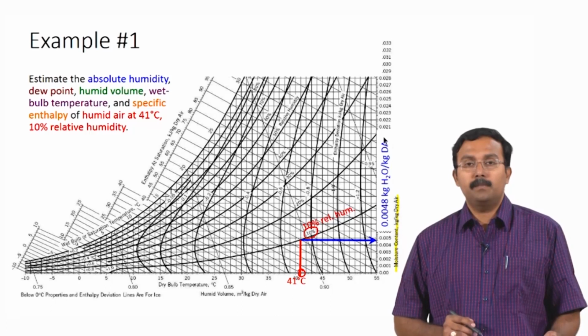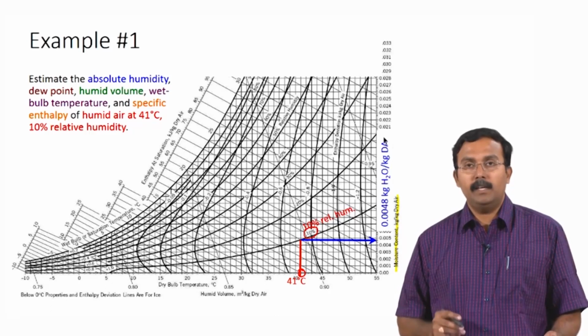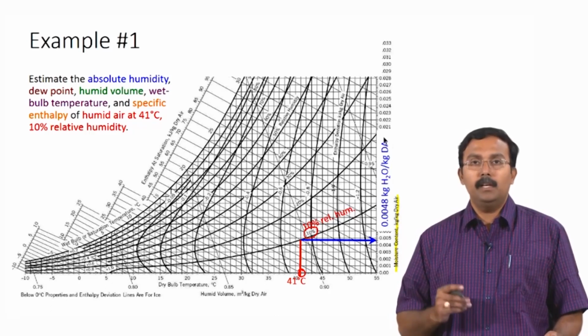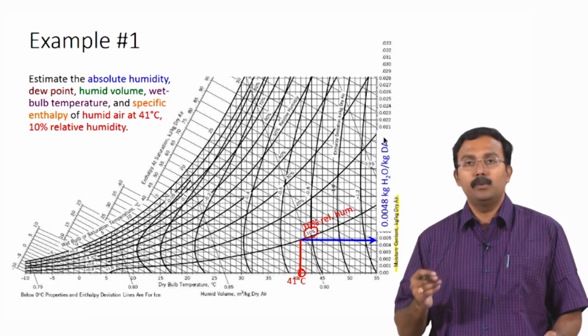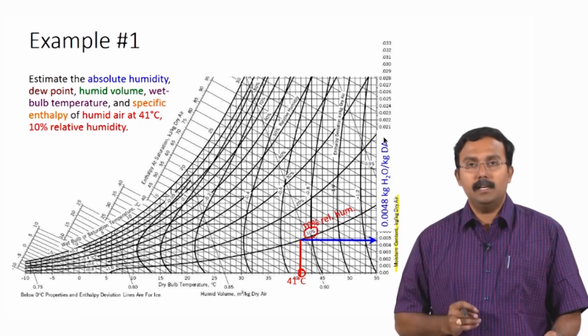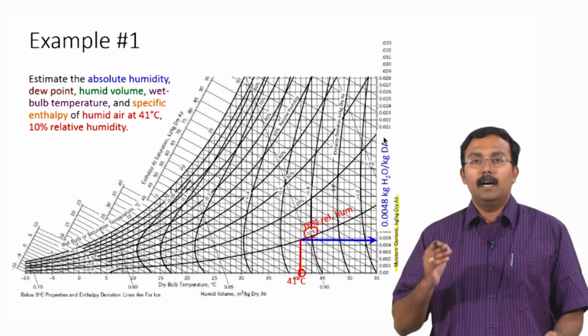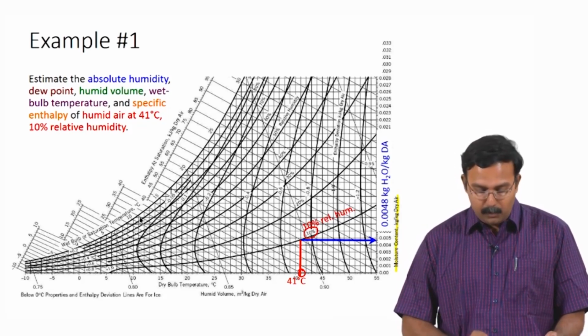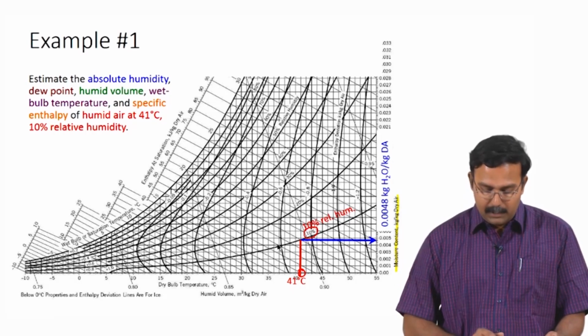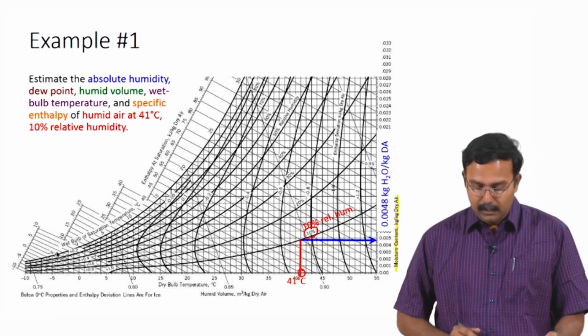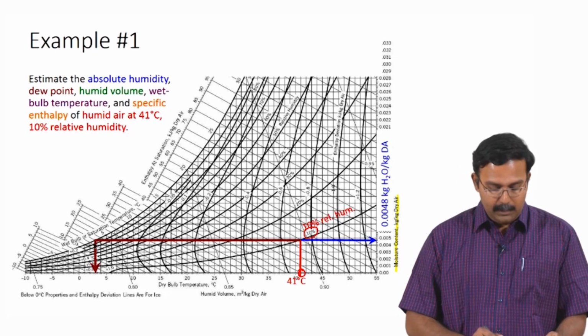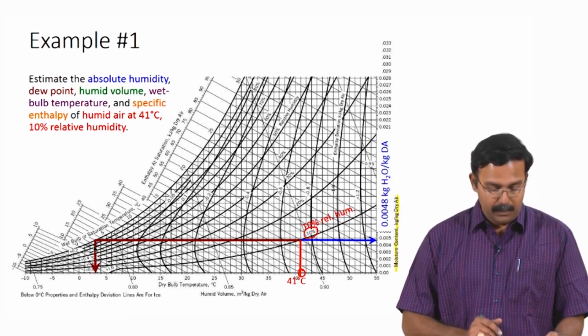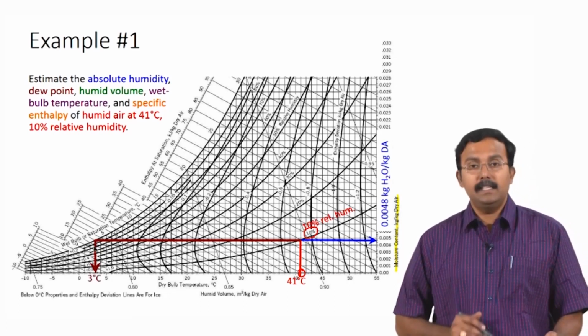The next aspect we have been asked to identify is the dew point. Dew point is the temperature at which the first dew starts forming, or water starts condensing, if cooled at constant pressure. That can be identified by moving all the way to the saturation curve on the other side using a horizontal line. If we do that, we get to this point and can identify the temperature as 3 degrees Celsius.